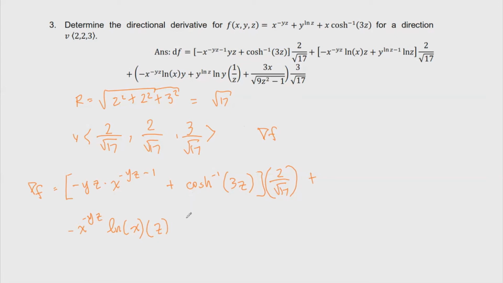And then plus, for the second one, we have a constant exponent and a variable base, so that's like the power rule. We have ln of z times y raised to ln of z minus 1, and then we take the derivative of y, which is simply y. So we enclose this with a bracket, and then we multiply this with the direction itself, the numerical distance, which would be 2 over the square root of 17.